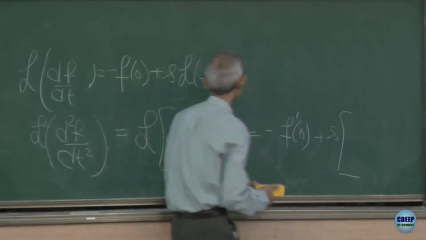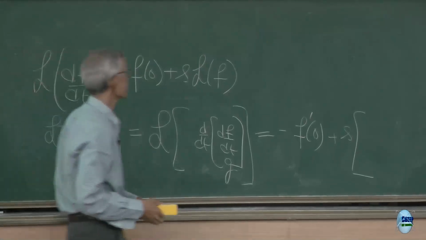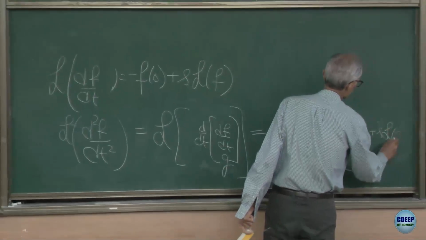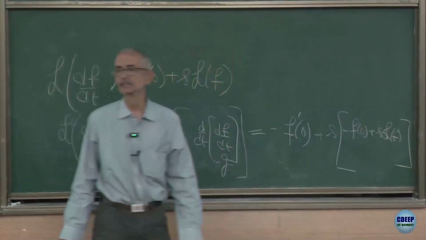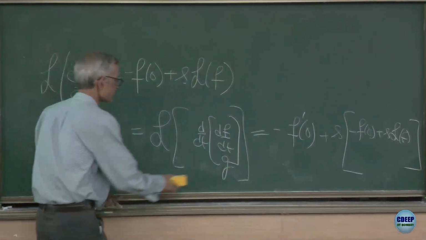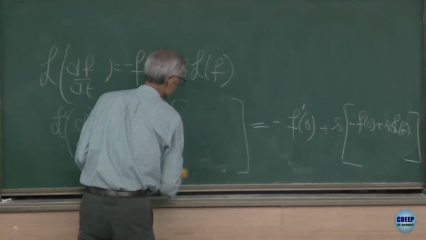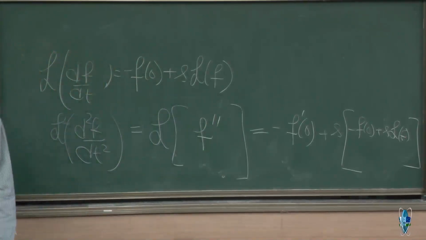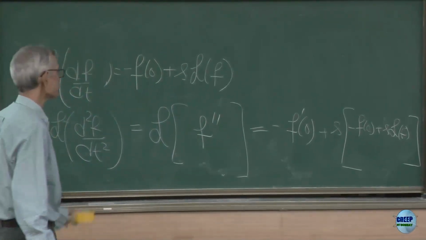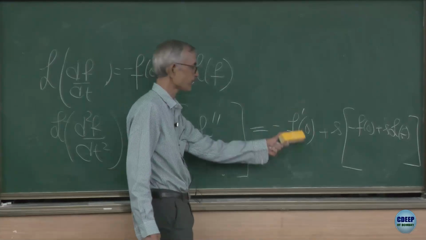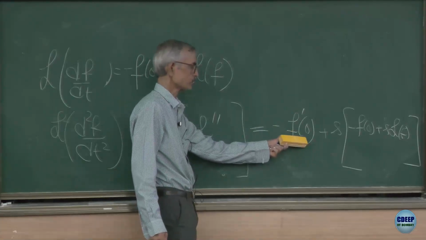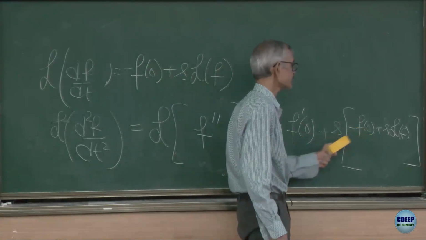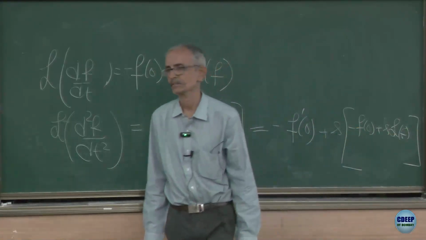The Laplace of G is right here: minus f0 plus s Laplace of f. So L of f double prime is equal to minus f prime at t equals 0 minus s f at 0 plus s squared L of f.